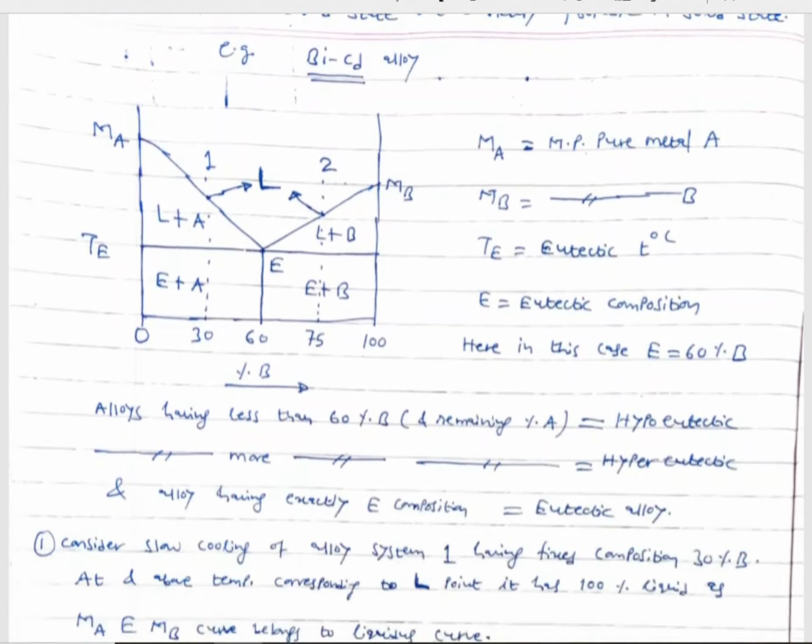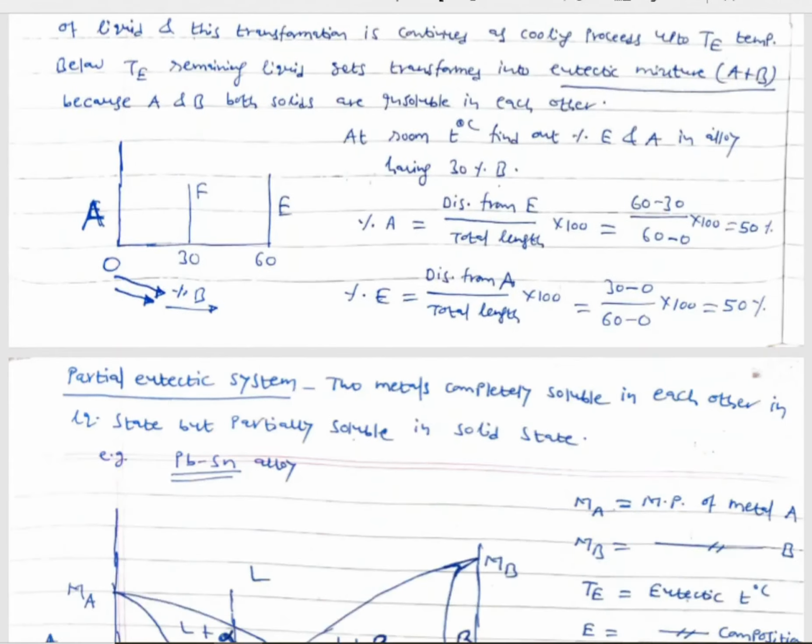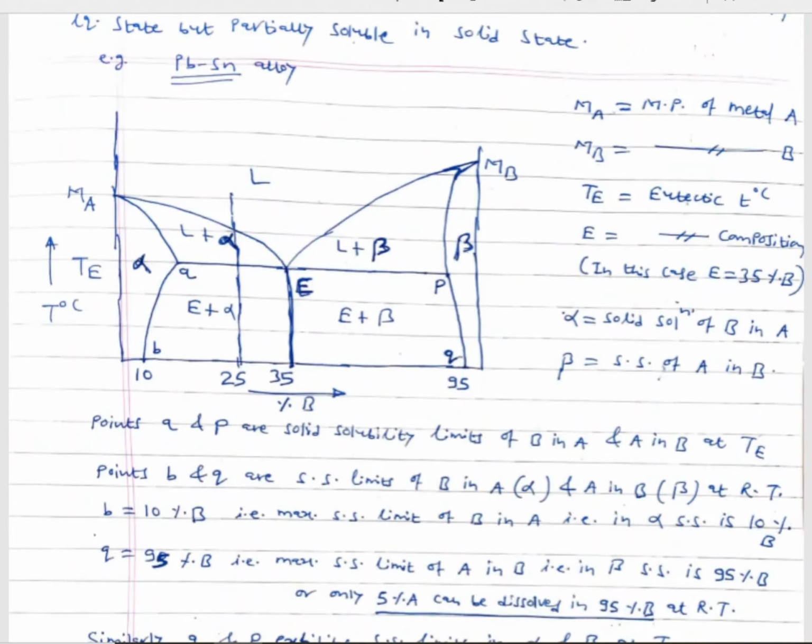While in case of partial eutectic system, the eutectic mixture will consist of a mixture of alpha and beta. So hypoeutectic alloy will show E plus alpha at room temperature, while hypereutectic alloy will show E plus beta at room temperature. And if the alloy has exactly eutectic composition, 35% B, it will show 100% eutectic. There is no separate alpha, there is no separate beta in the microstructure.